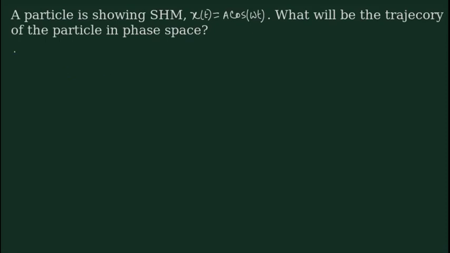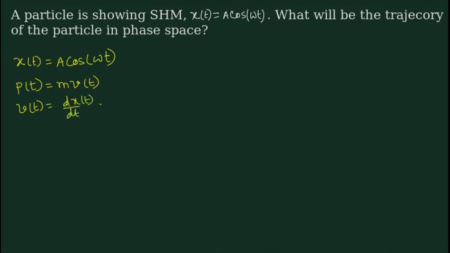So here the position changes as x(t) equal to A cosine of omega t, and momentum p(t) equal to mass times velocity. Okay. Here velocity is dx by dt.